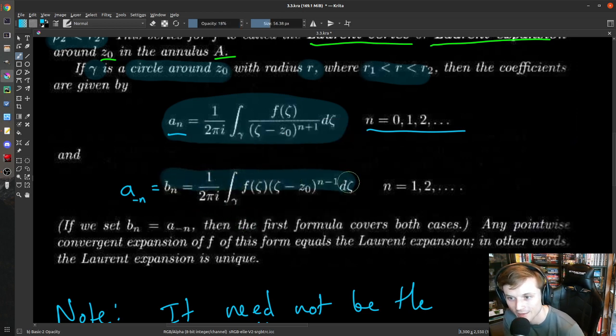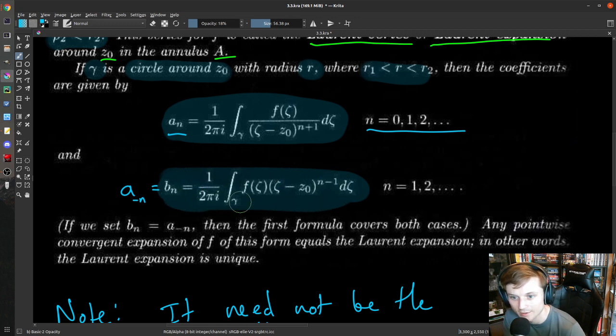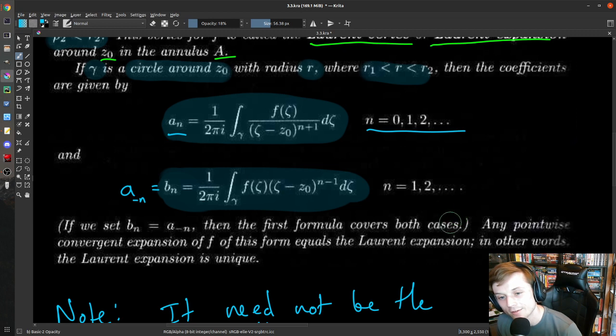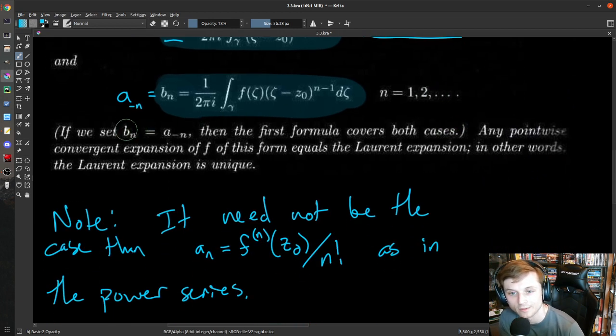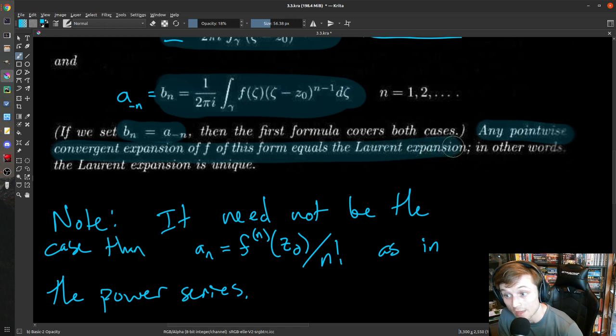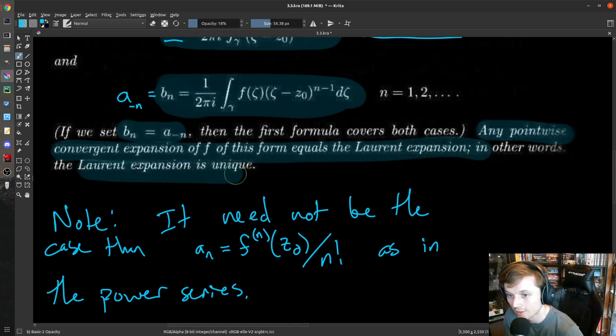There's nothing fancy going on here. We're just doing the same thing again, but using negative values of n. And you can see this down here: b_n is a_(-n). So any pointwise convergent expansion of f of this form equals the Laurent expansion. That is, the Laurent expansion is unique.